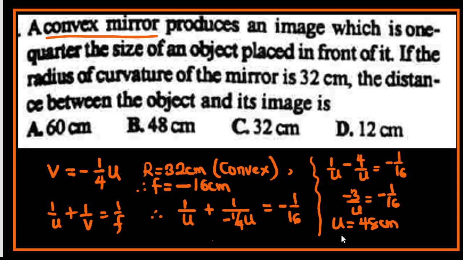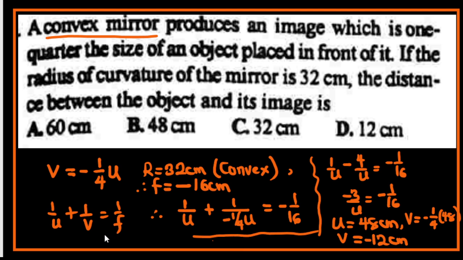That's our U. But what do we need? We need the gap between U and V. If U is 48, what is V? V is going to be minus 1 over 4 into 48. Divide 48 by 4. That implies V is equal to minus 12 centimeter.